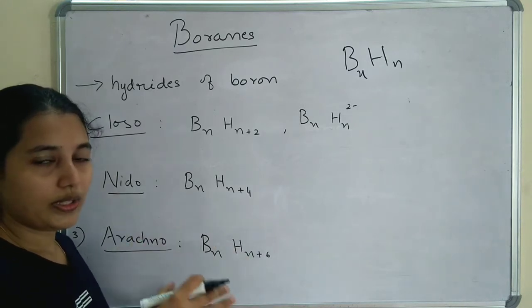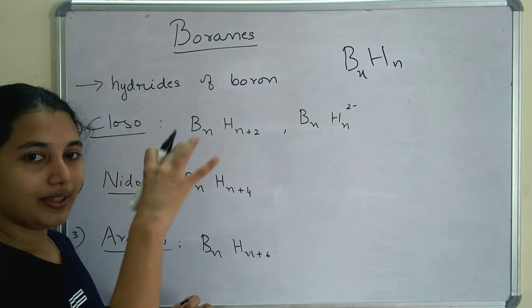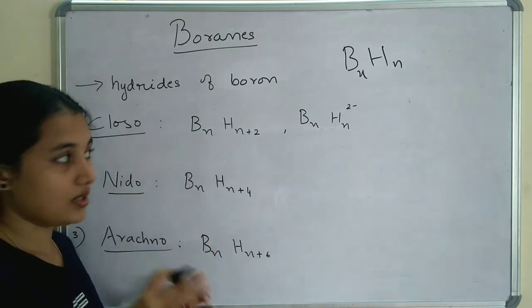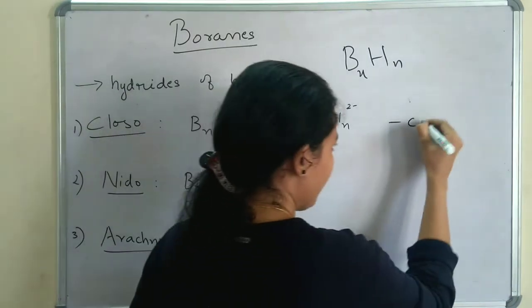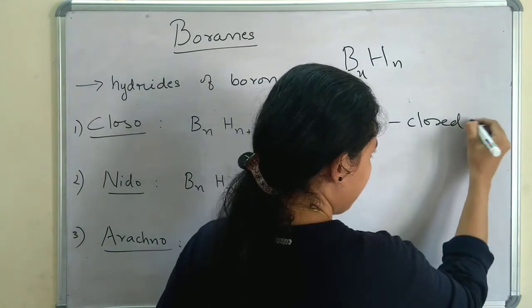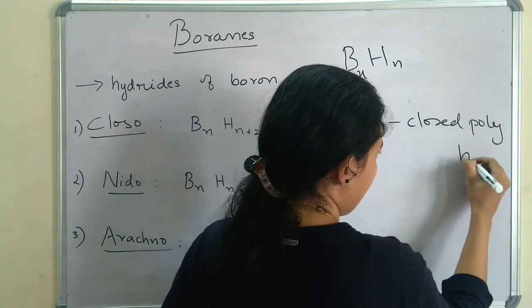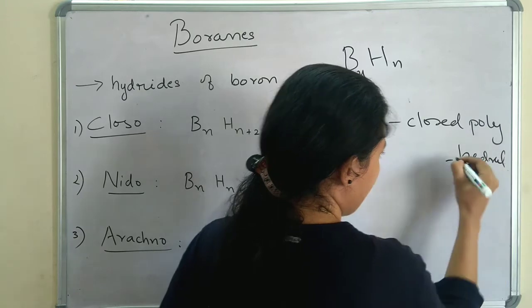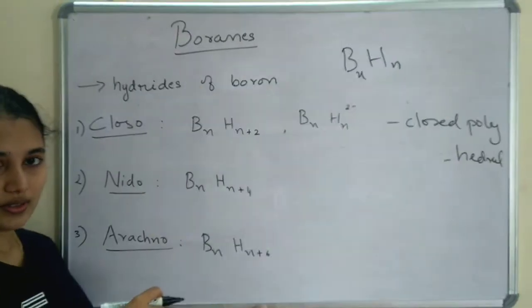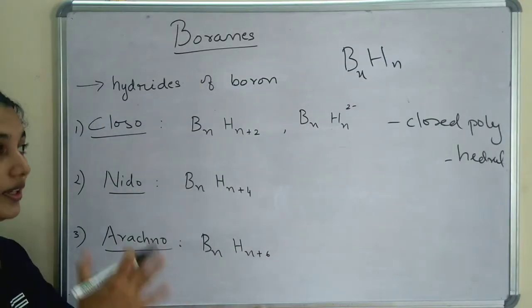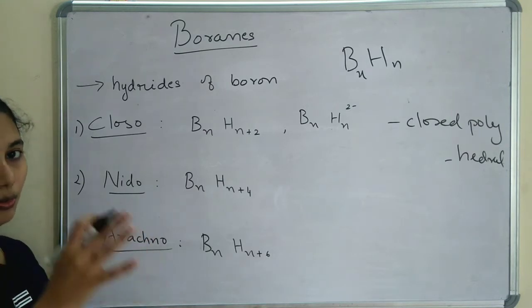So what is closo borane? A triangulated polyhedral structure. It is a closed polyhedral structure, that is closo. In a closed polyhedral structure, all vertices are present and it is called closo borane.